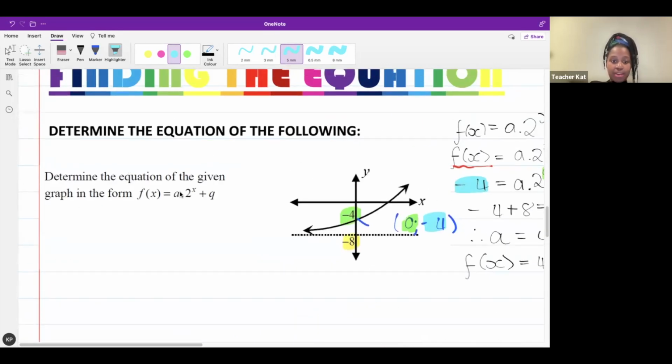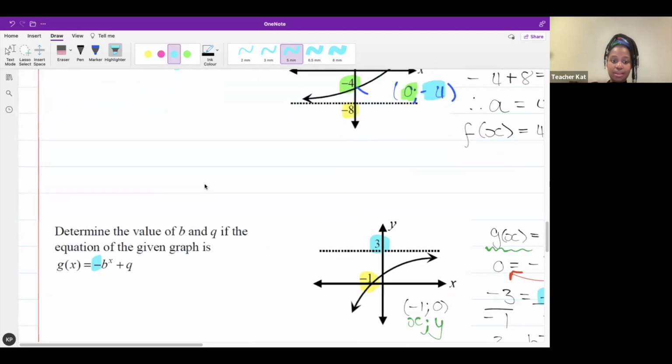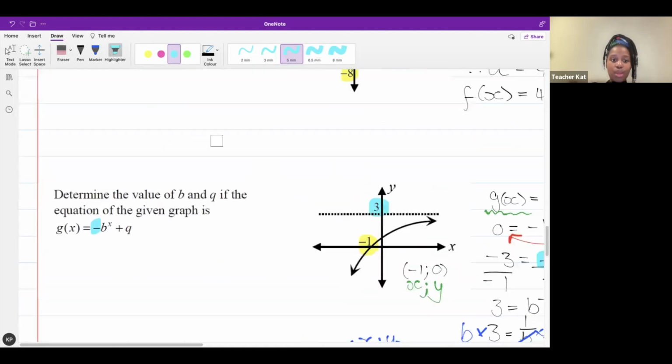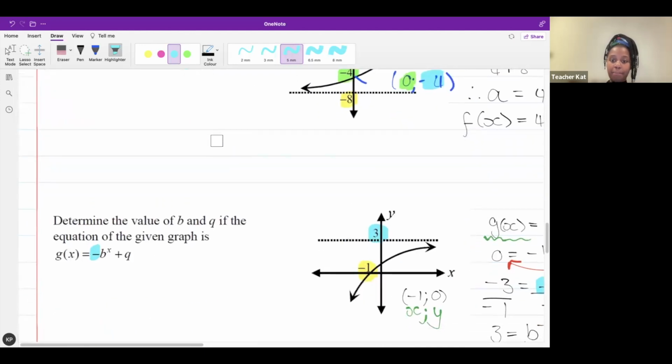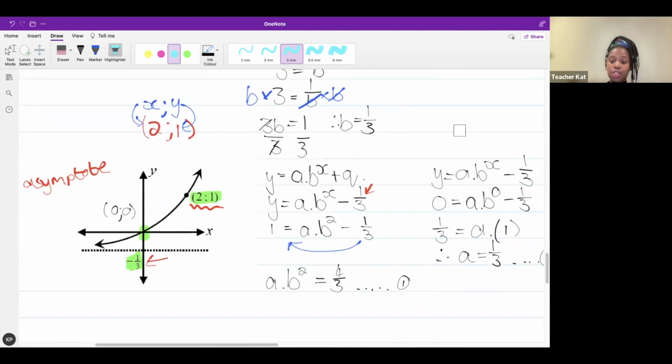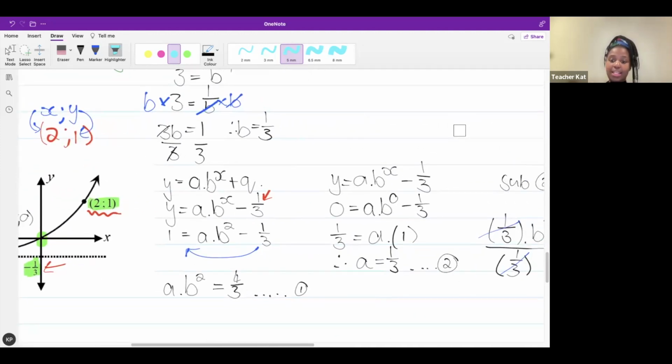And this one, they gave us a again. Does this make sense, guys? On this one, they gave us b. B is 2. So in these 2, we had at least one of them. But with this one, we didn't know both a and b. So you substitute twice. Then once you find the one variable, you have to go back and substitute it to find the other variable.